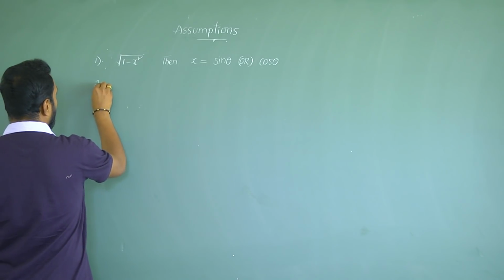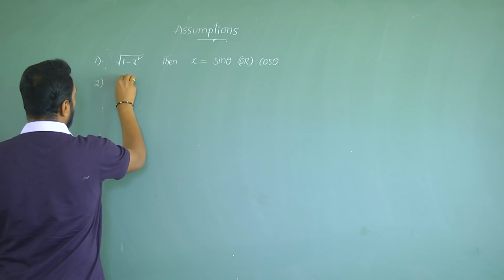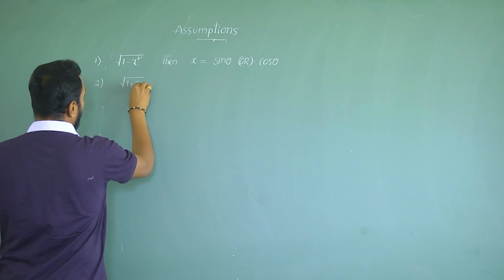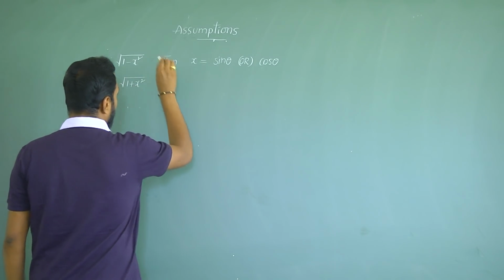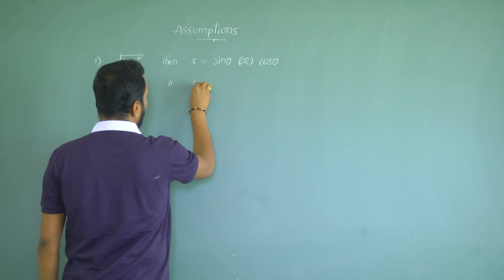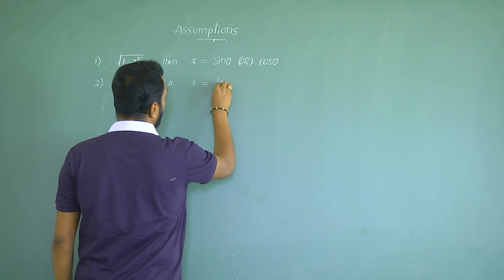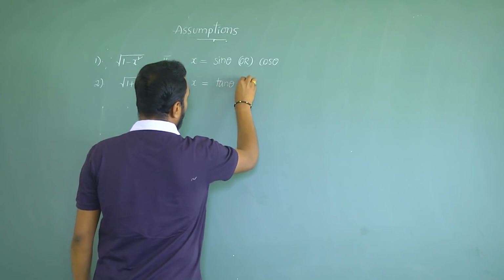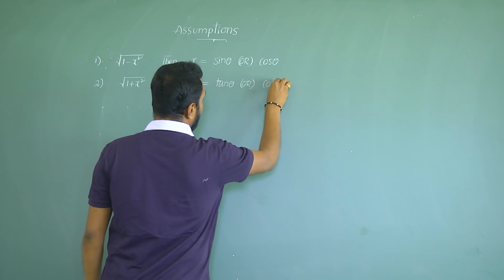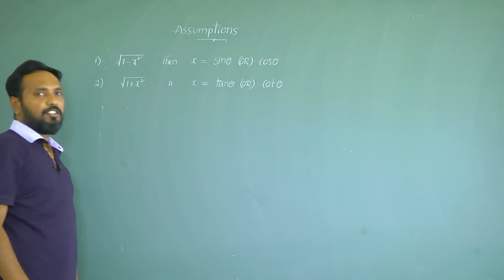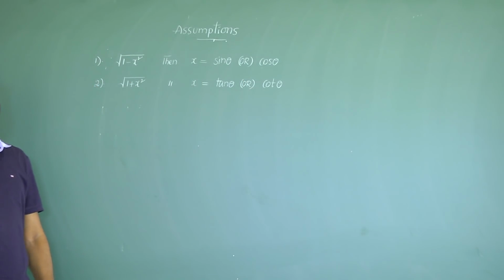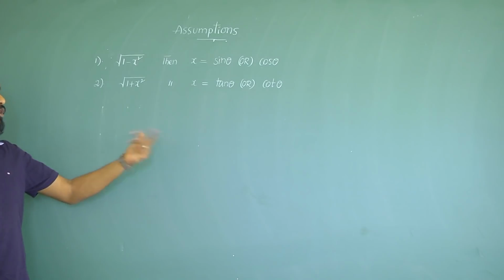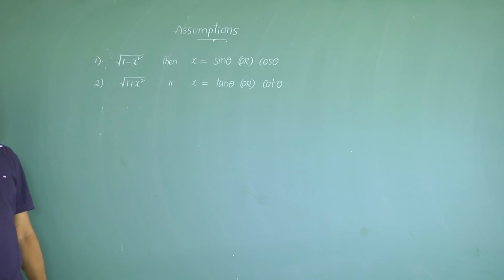Then second one, if we have square root of 1 plus x square, then we need to assume x equals tan theta or cot theta. Why? Because 1 plus tan square theta formula is secant square theta, 1 plus cot square theta formula is cosecant square theta.